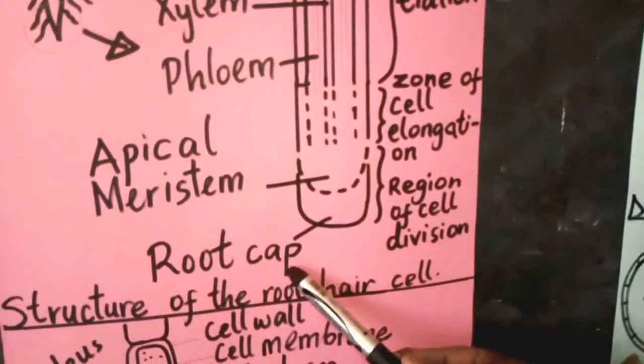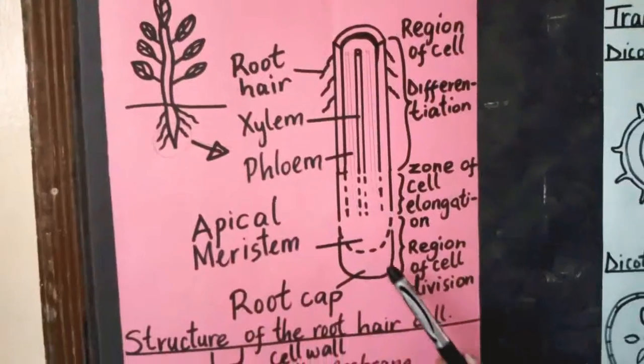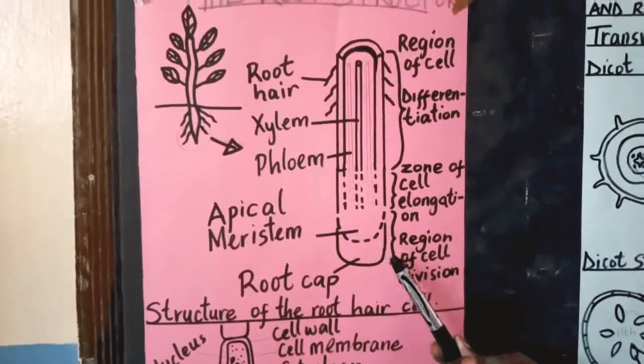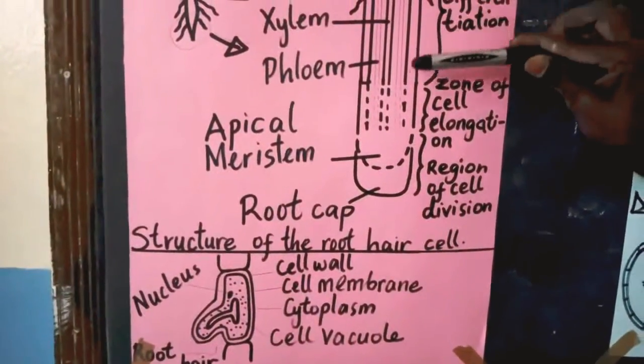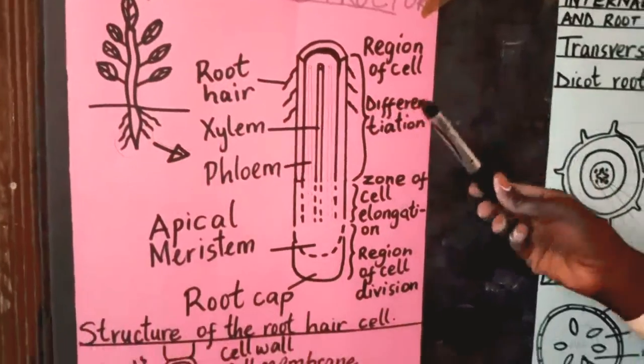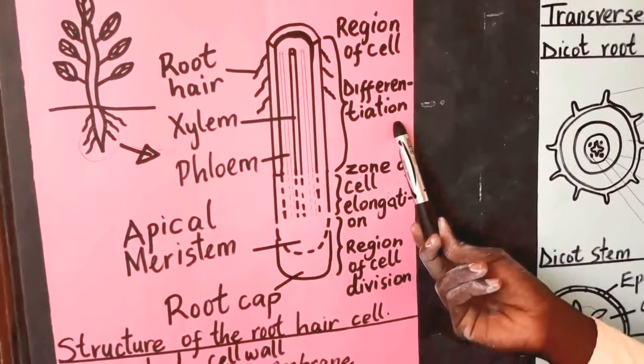Therefore, the root cap only offers a protective function, while the apical meristem is the one that comprises the actively dividing cells. All these three can be divided into three major regions. We have the first region referred to as the region of cell differentiation.